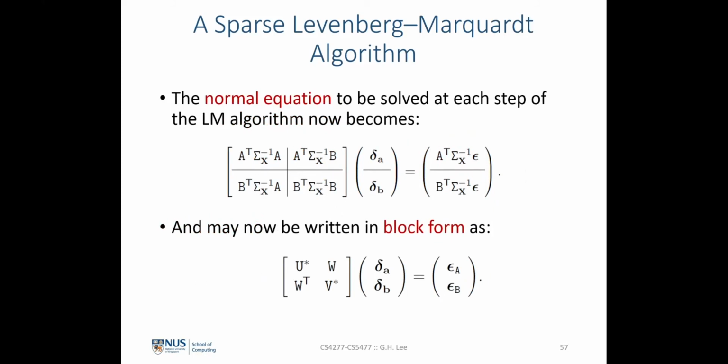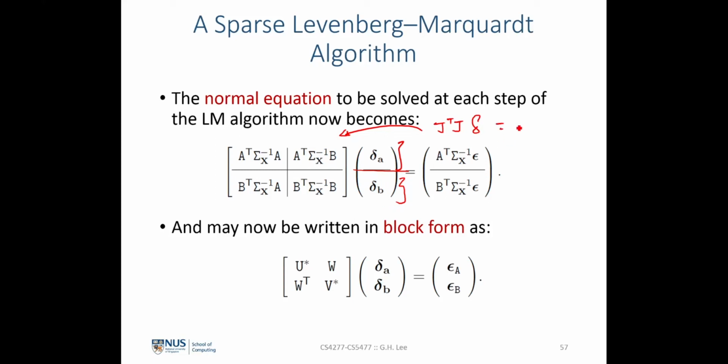Now, after we computed the Jacobian in the partitioned way, we can put it together into the normal equation to compute J transpose J, which is this guy over here. And we will see that it has a very nice structure over here. And delta would also have a partition structure where the first set of this vector would be representing the delta increment of a, and the second set would be representing the delta increment of b.